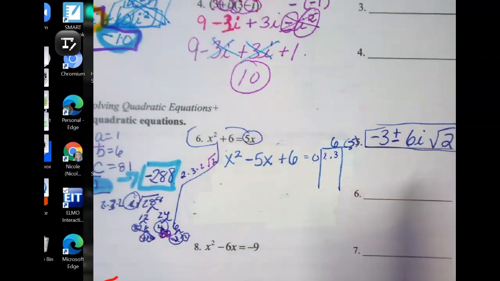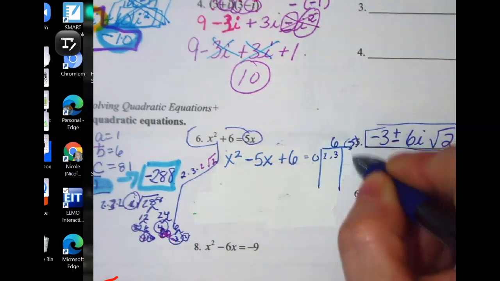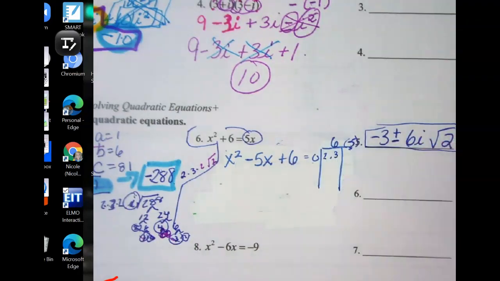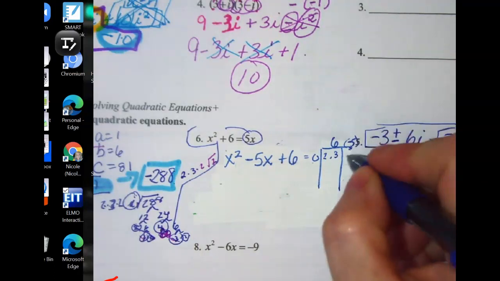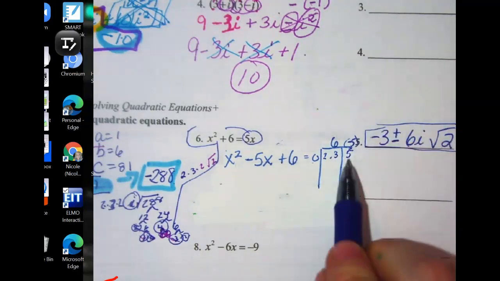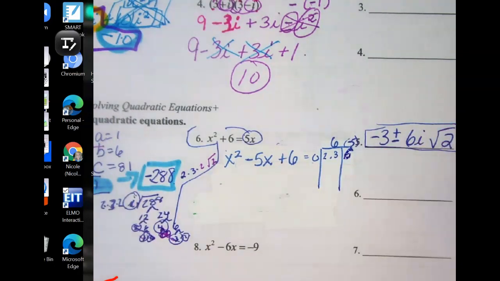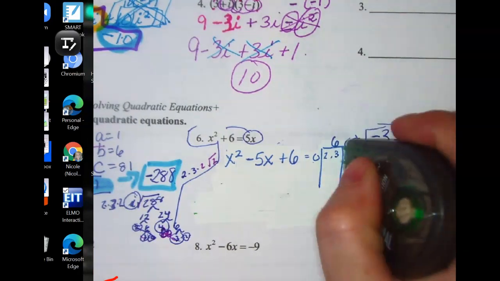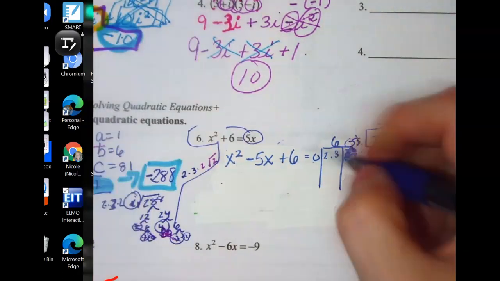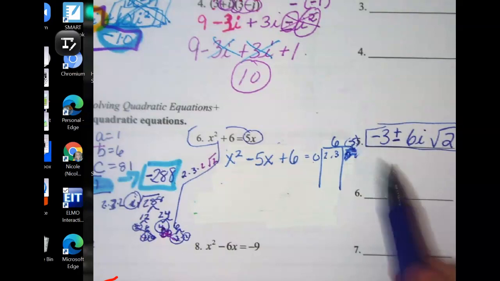When you multiply 2 and 3, you do get +6. But when you add 2 plus 3, you don't get a -5. Sorry, that's supposed to be a 5. I want a -5. So I know I'm on the right track.